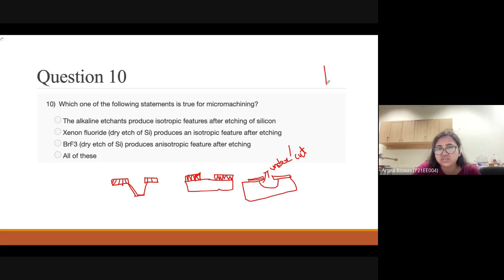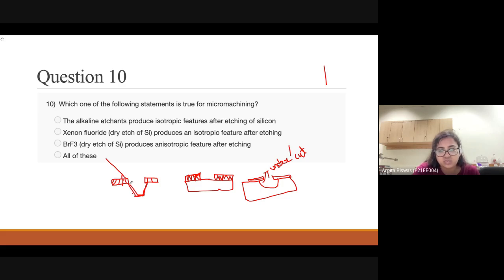This type of structure you can get for the dry etching process. But for the wet etching process, if you go for anisotropy, this type of structure you can get, and there is an angle. We will discuss the angle later.